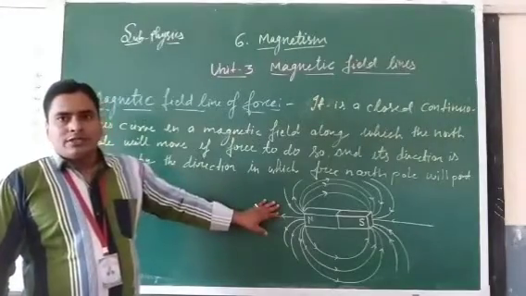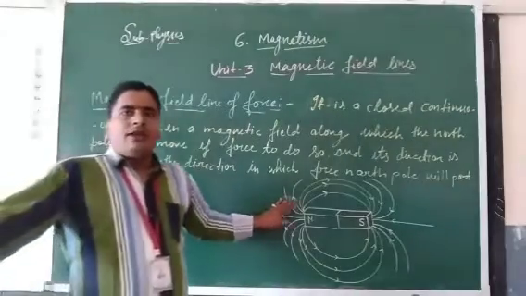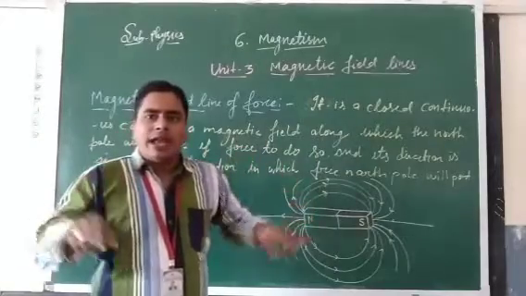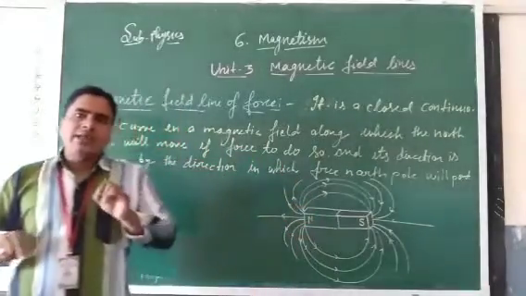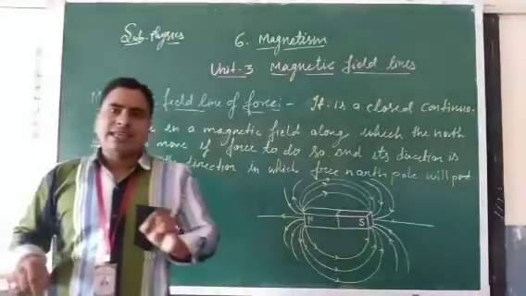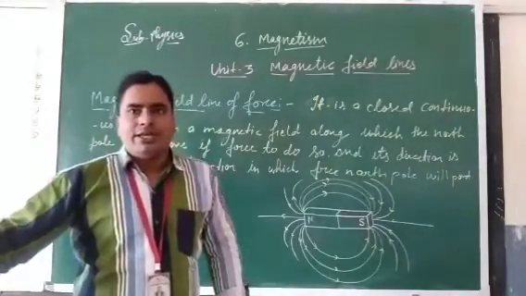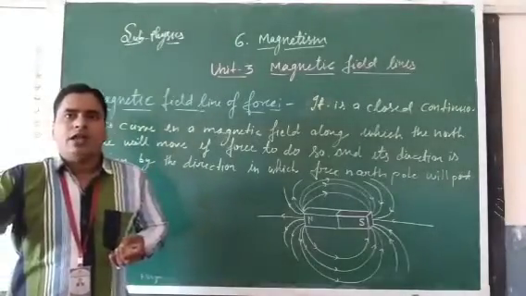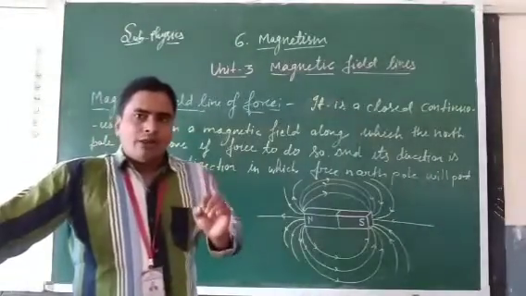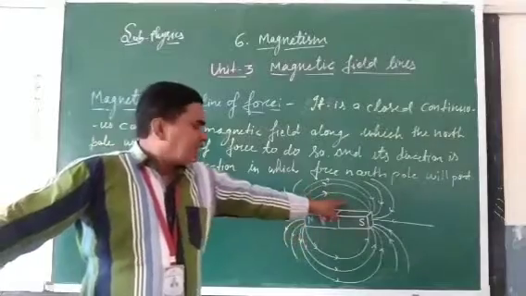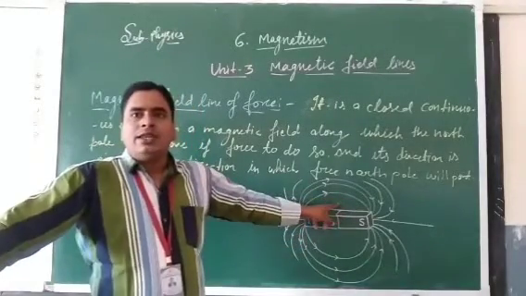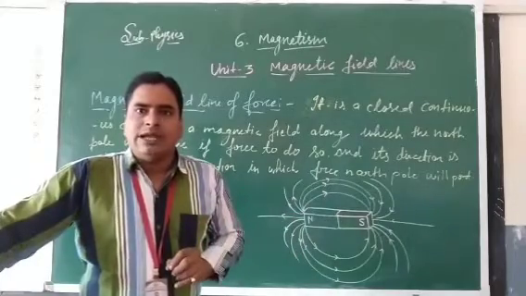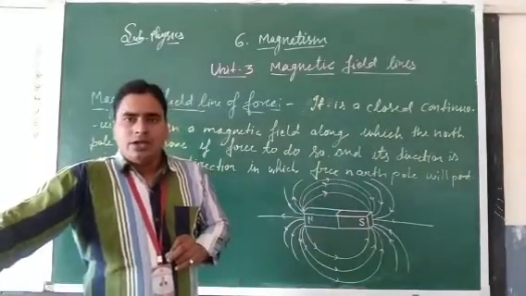In last few videos and topics we have already discussed: magnetic field means the space around a magnet in which any magnetic substance experiences a force of attraction, a force of attraction along a path. That path traced by the magnetic substance in the given region will form a line of force, the magnetic field line of force.